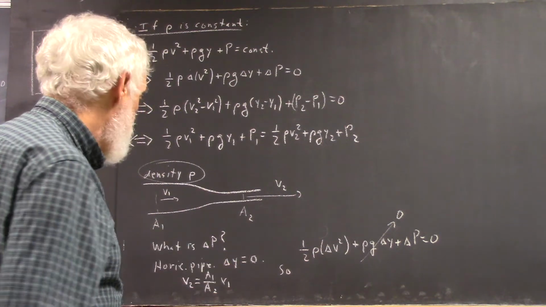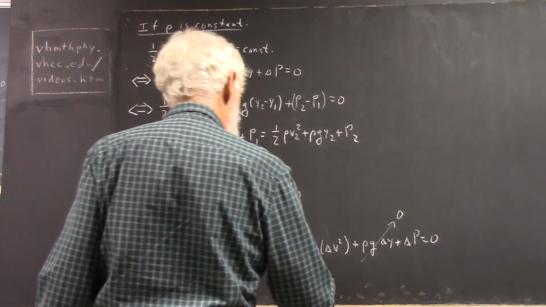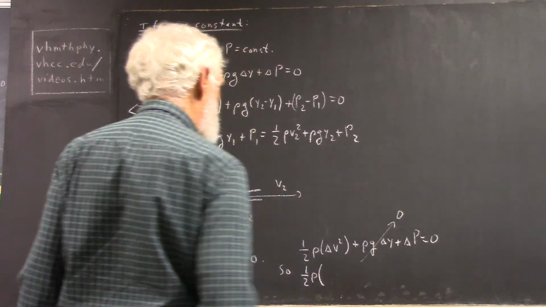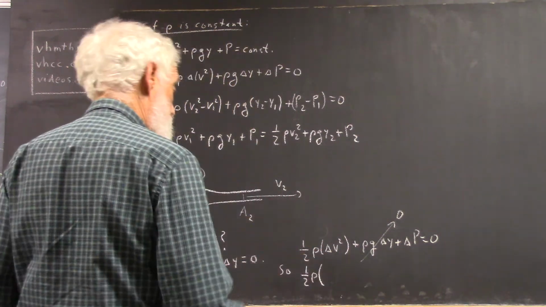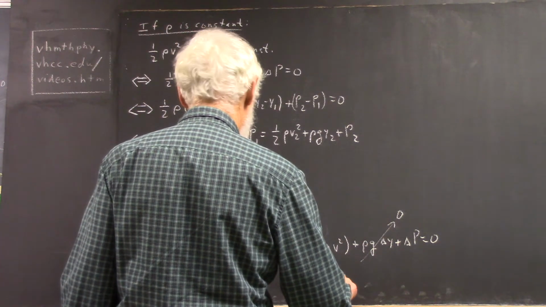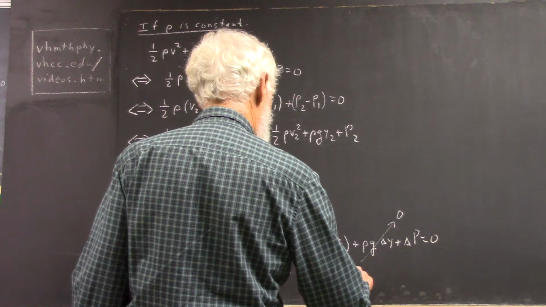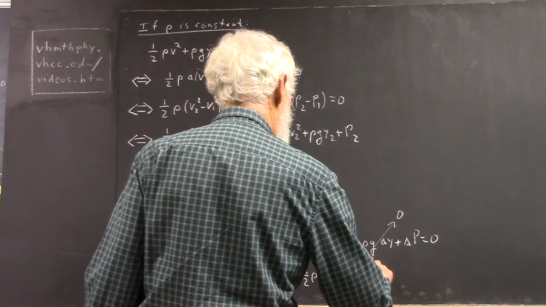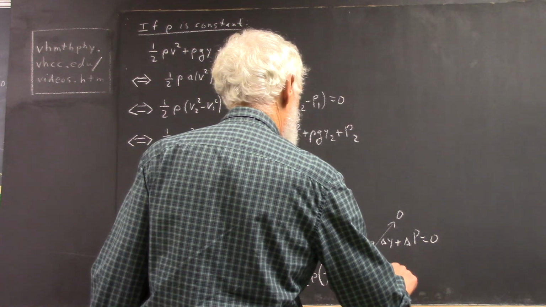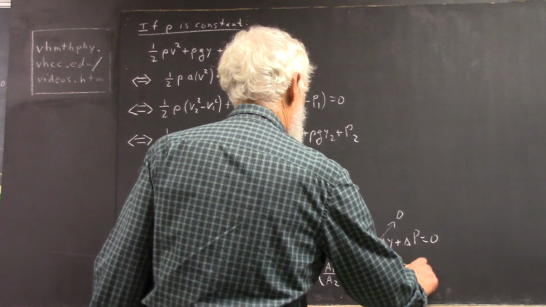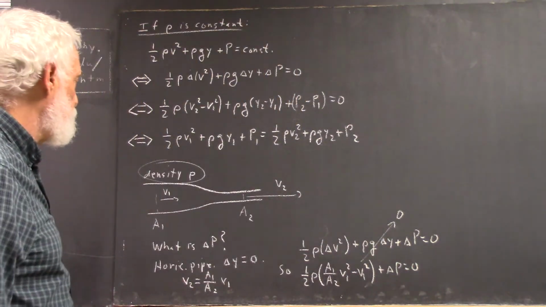Right. Now you can say, okay, now I have 1/2 rho multiplied by the change in V squared, which is (A1 over A2 V1) squared minus V1 squared, plus delta P equals 0.